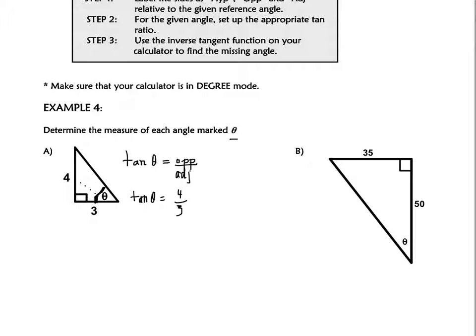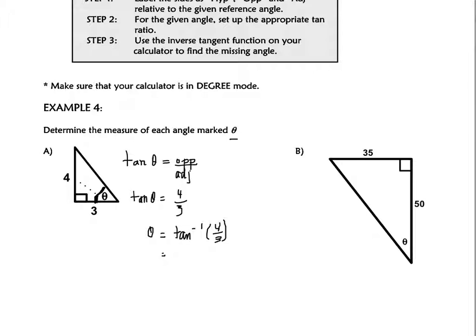So when it's like that, basically the thing you don't know is what the angle is. So we would have to then find the angle using what we call the inverse tan operation on your calculator. So if you take your calculator and put in, some calculators you have to put the 4 over 3 in first.